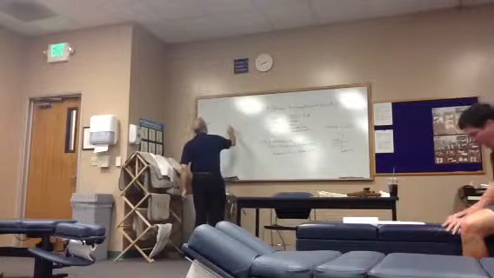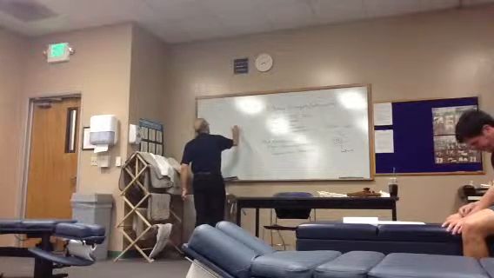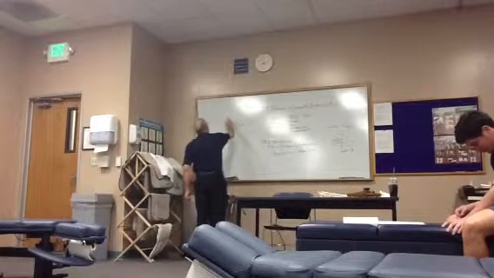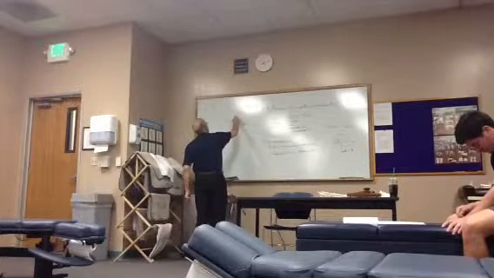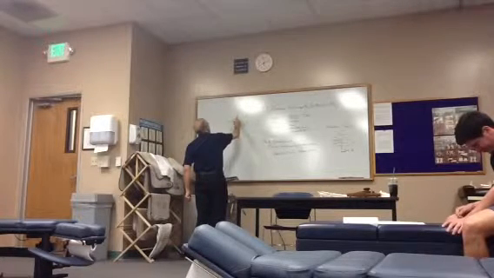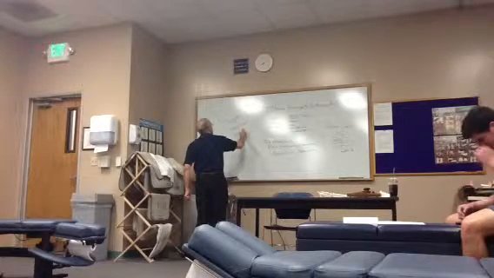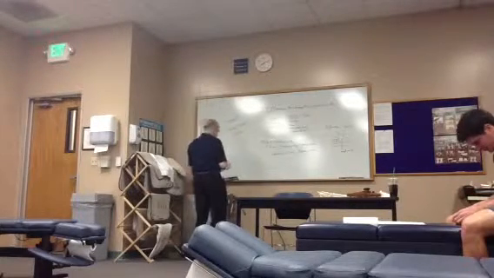It's the radial tunnel. It carries the radial nerve through the supinator muscle. It's also called the supinator syndrome. And it's the canal of Frohse, F-R-O-H-S-E, not Frosch.